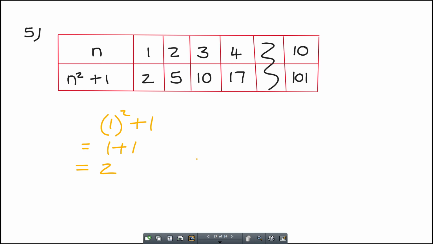Do you guys understand? The next one would be 2 to the power of 2 plus 1, which means it's 4 plus 1, and that's how I get the 5. But you didn't have to show how you substituted; that you did on your calculator.